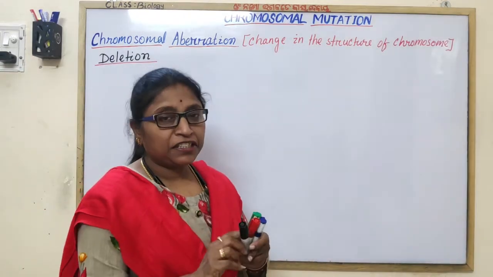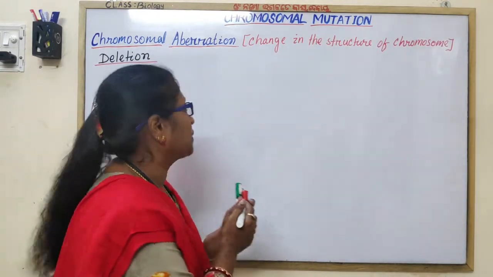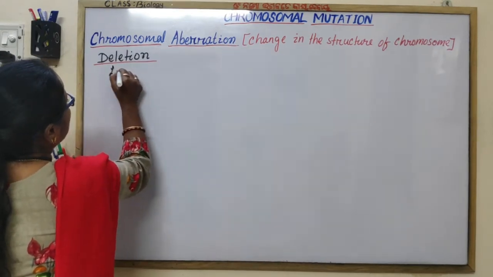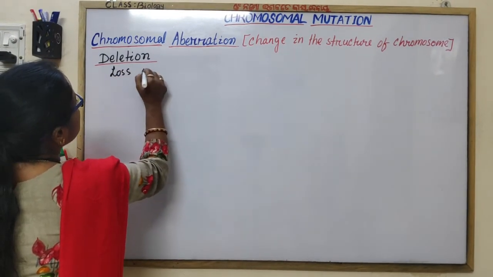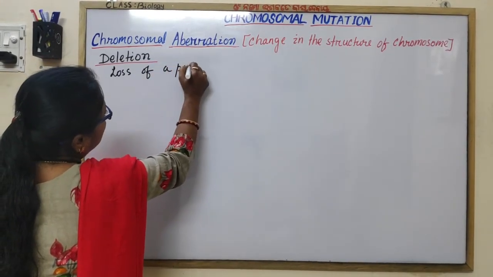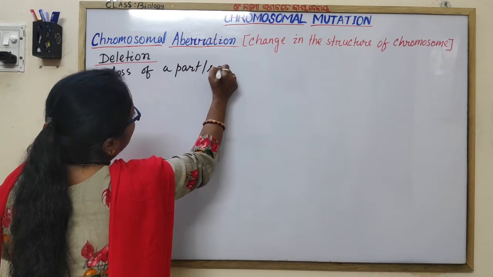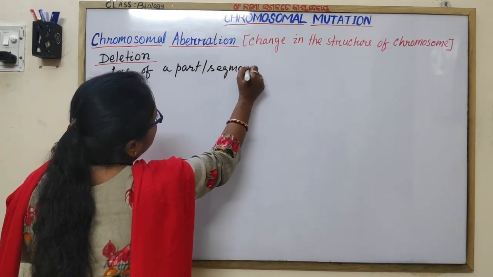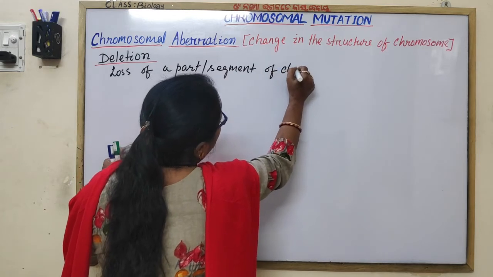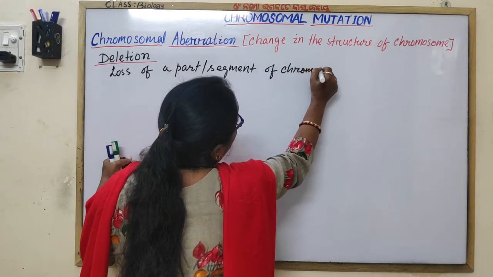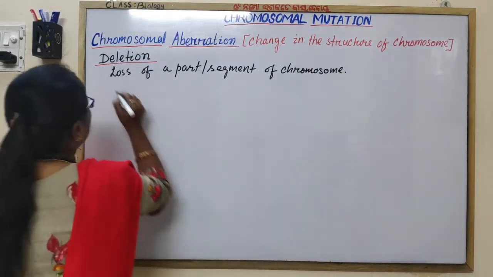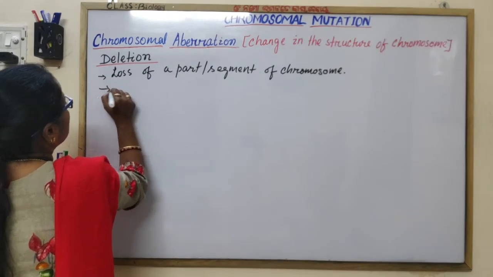Deletion. Deletion means loss of segment. Deletion means loss of a part or segment of chromosome, which causes, what it causes?